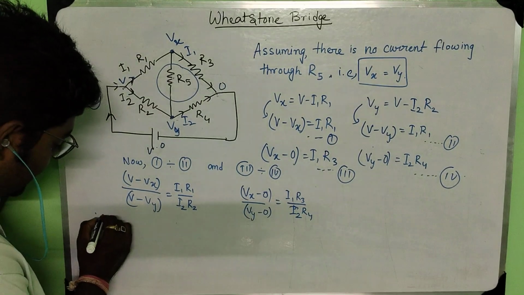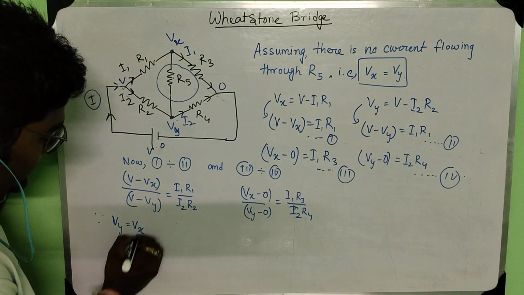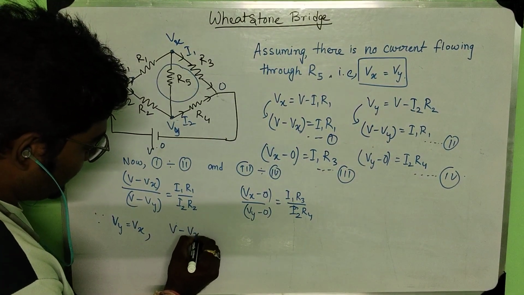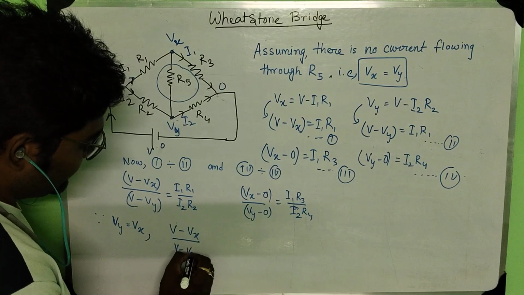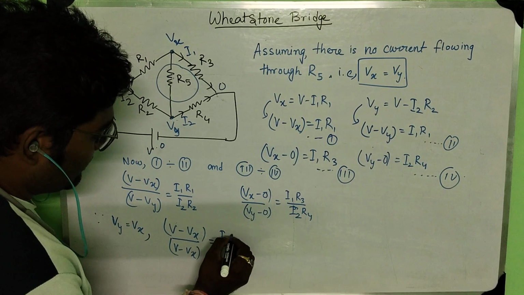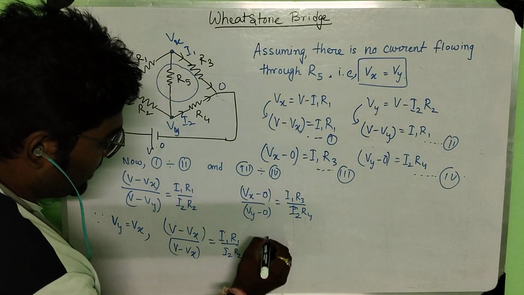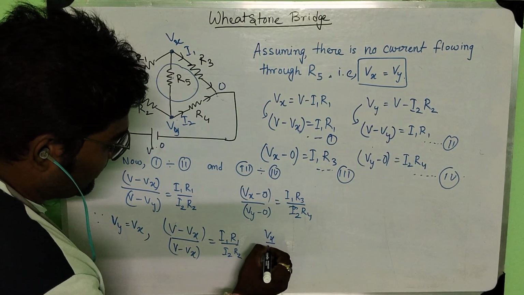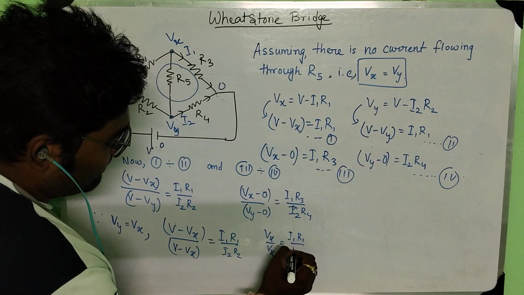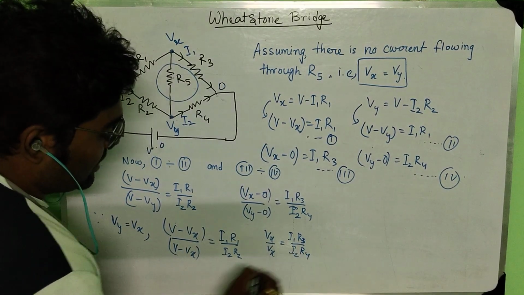Now since Vy equals Vx, I can write V minus Vx by again V minus Vx equals I1 R1 by I2 R2. Again here also Vx by Vx equals I1 R3 by I2 R4.